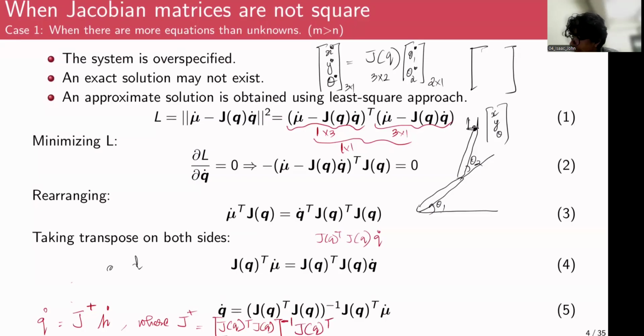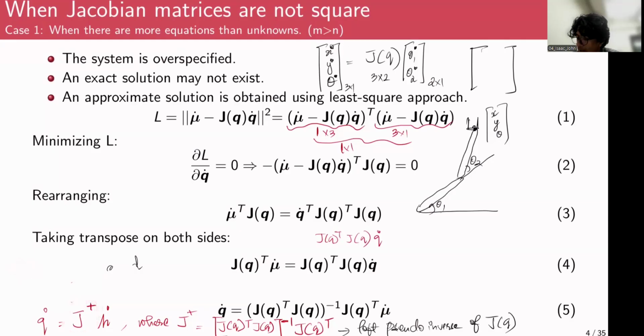So we call this entire term the left pseudo inverse of the rectangular matrix J of q. Right? If the Jacobian matrix were square, you would only need to take a regular inverse instead of the pseudo inverse.